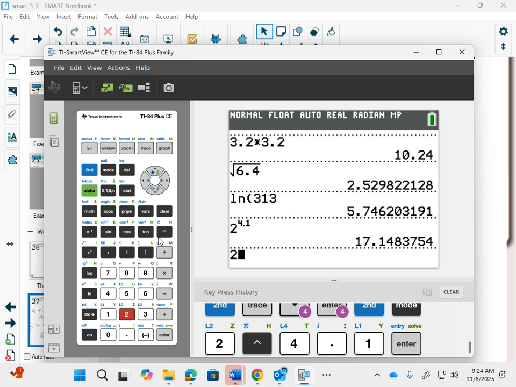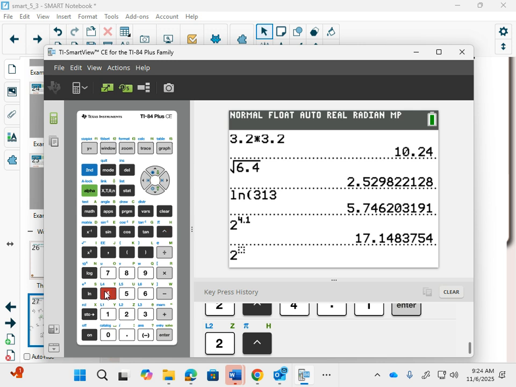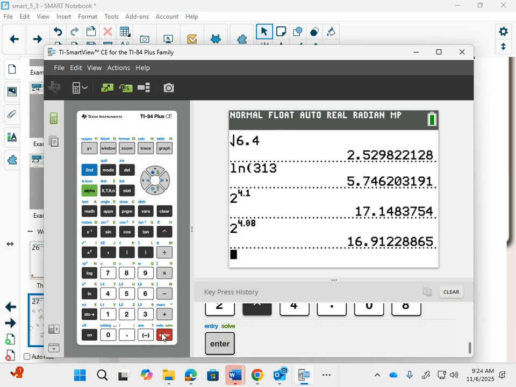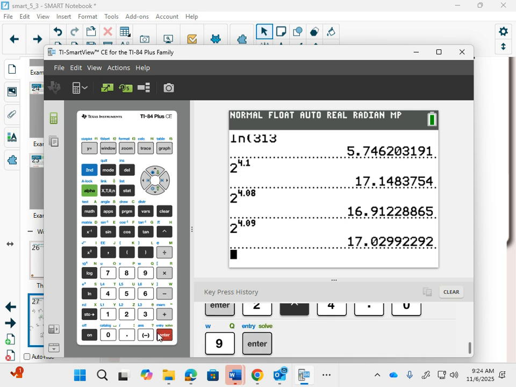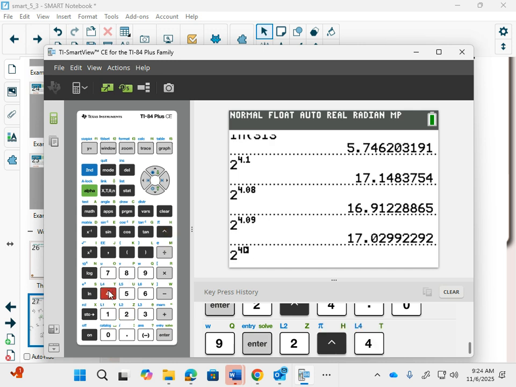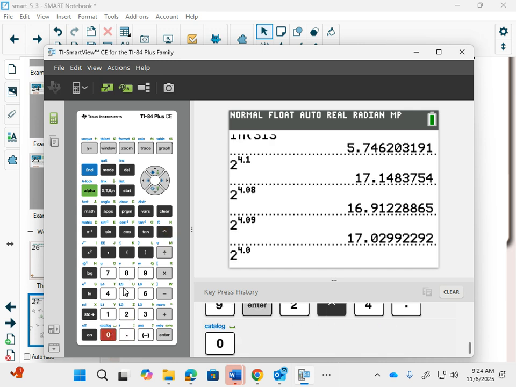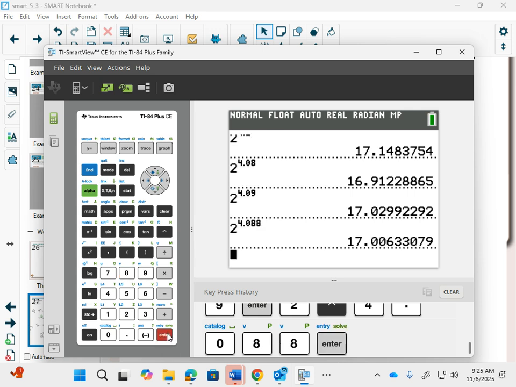Oh, maybe it's 2 to the 4.08. Oh, too late. Oh, 4.09. Oh, a little bit too much. Can you see I could do this? I might get stuck doing this for a very long time. Oh, too much. It's addicting.